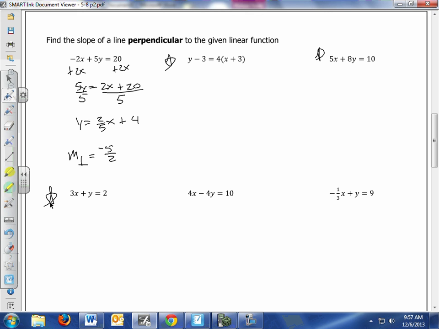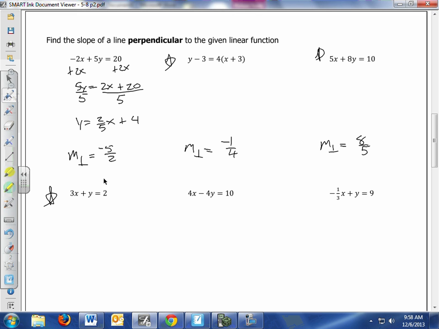Okay, I did that row. Let's do row number 1. Miss Aaron, I already called on you. Mr. Cardenas, what is the perpendicular slope to this equation? Beautiful. Miss Cordova, what's the perpendicular slope to this equation? Perfect.